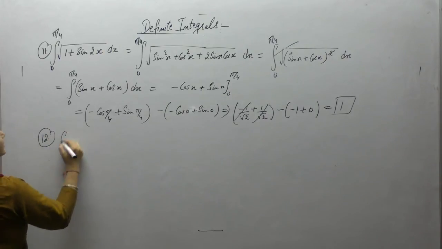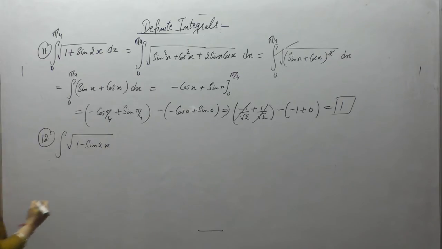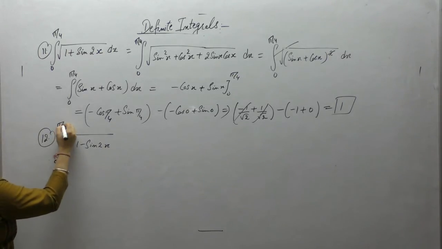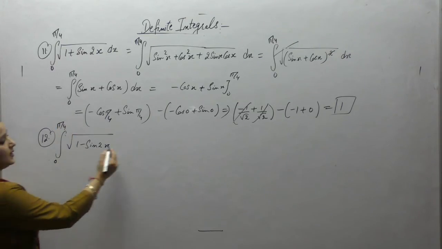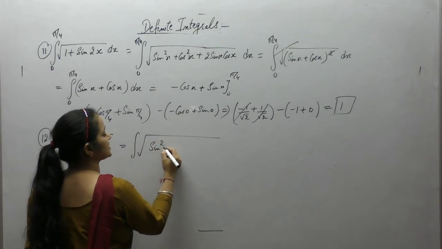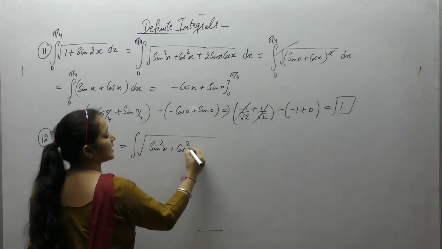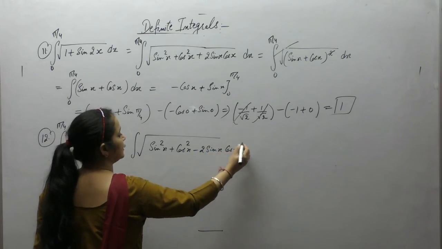Next one is the integral of the square root of 1 − sin 2x, and the limit goes from 0 to π/4. Again the same identity, sin²x + cos²x, and sin 2x is 2 sin x cos x.